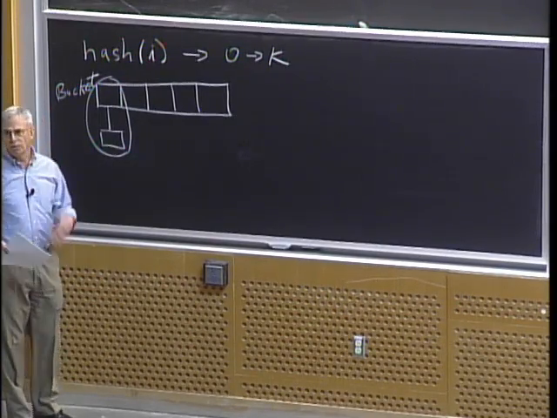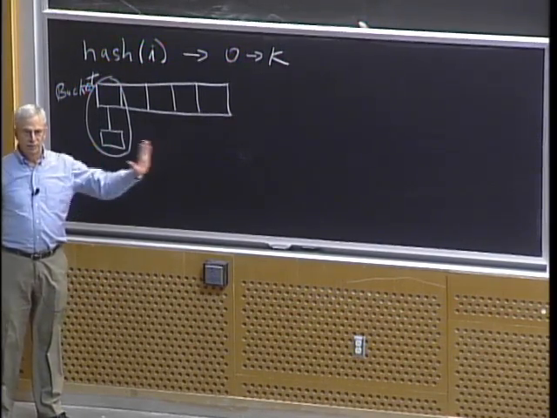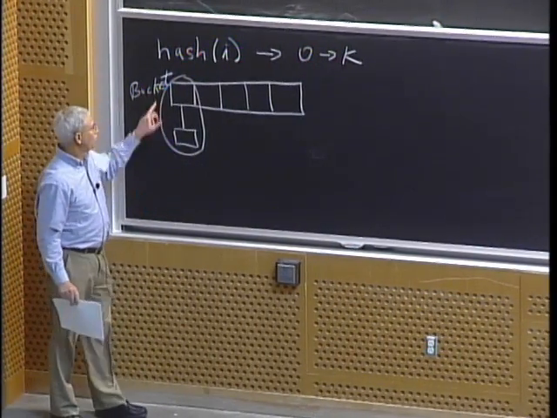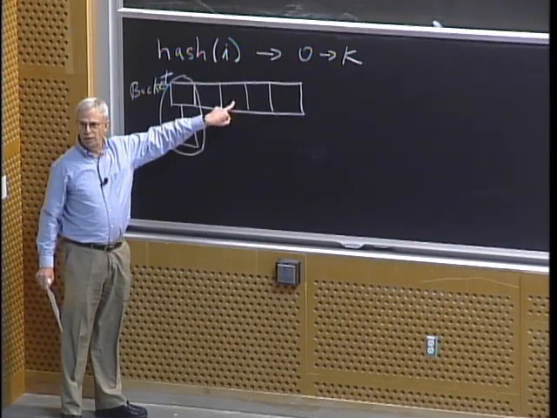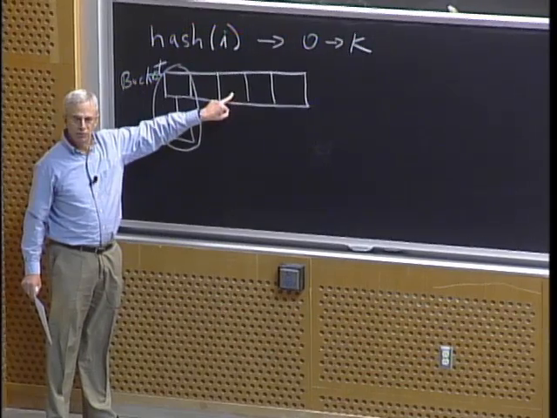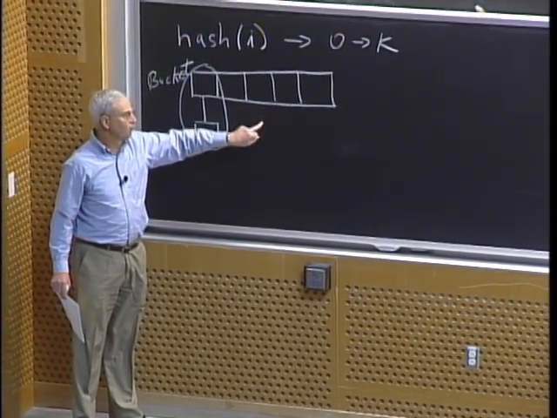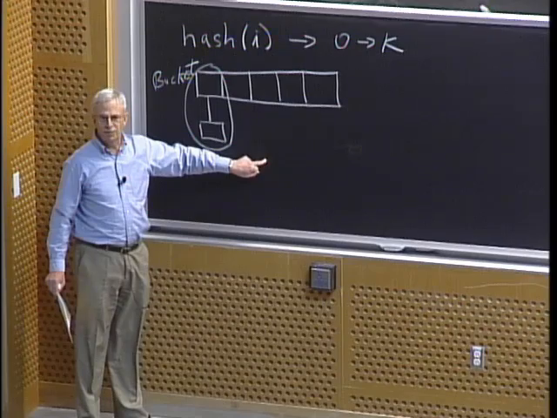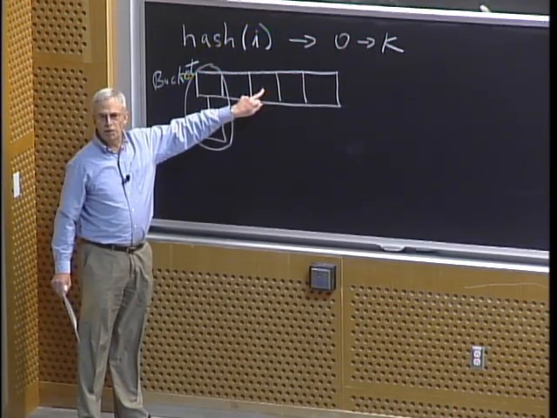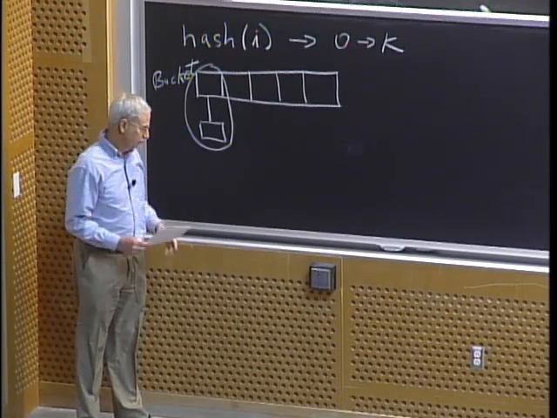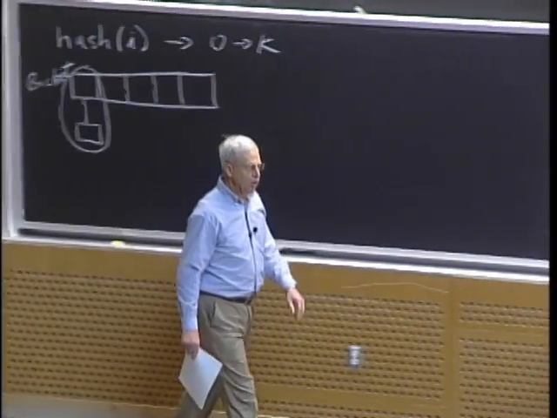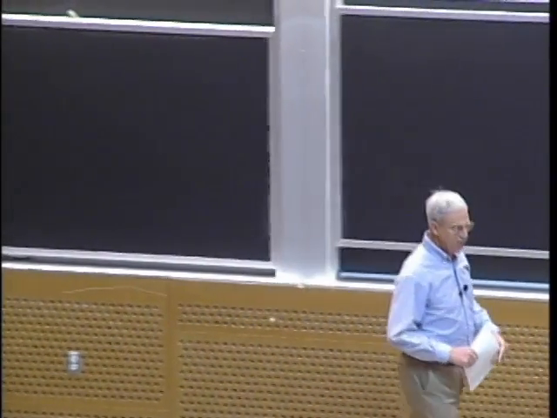So when we ask whether some integer is in this set, we'll hash it. We'll go immediately to the correct bucket, the bucket associated with that integer, and then we'll search the list at that bucket to see if the integer is there. If this list is short enough, it will be very efficient. All right, I realize that's very abstract, but let's look at the code, which will make it much less abstract.